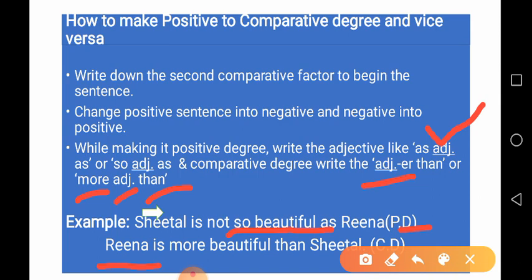While making comparative, beautiful is a word, and beautiful word does not accept er. So, we write more beautiful and then the first comparative object, that is Sheetal. So, your comparative sentence is Reena is more beautiful than Sheetal.